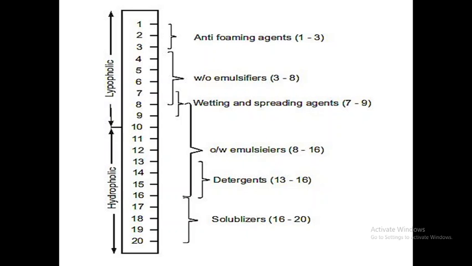So these are some important uses of surfactants according to their HLB values. Now based on this scale, you can easily understand that surfactants which have more HLB value are preferentially hydrophilic, and surfactants which have less HLB value are preferentially lipophilic.